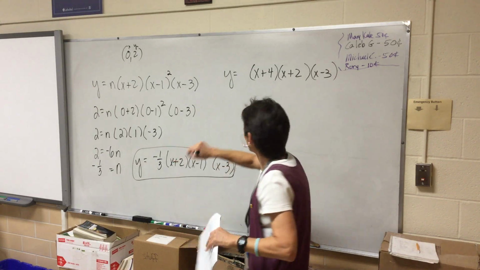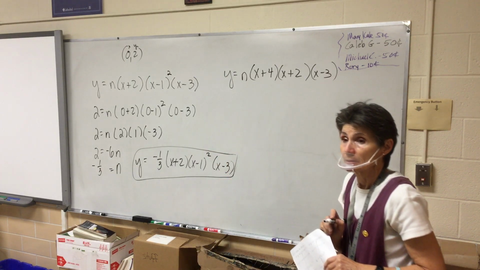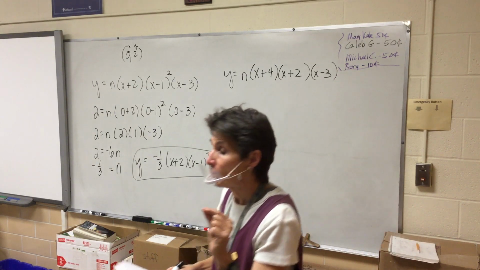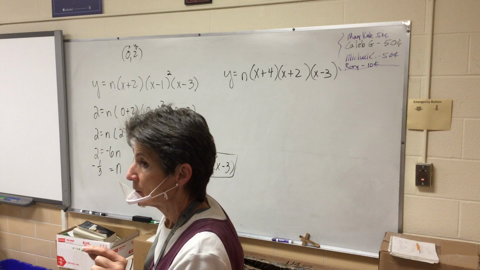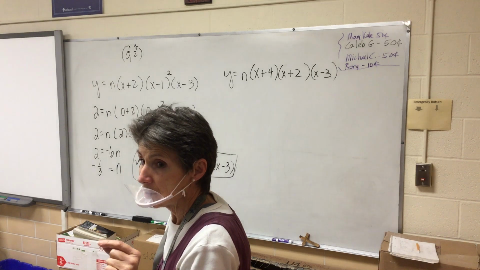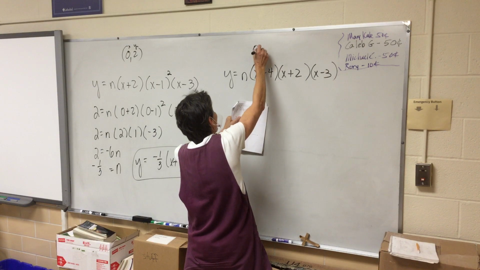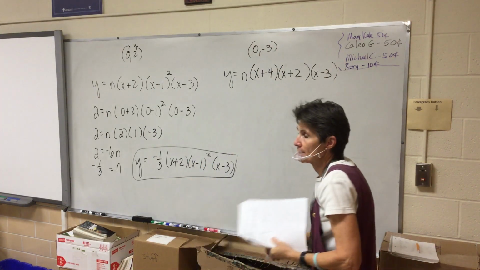So you're done, except you gotta figure out what that number is. Look at your picture carefully: what point are you gonna use to find that n value? 0, negative 3. You use the one that's not on the x-axis, so you're going to use 0, negative 3.